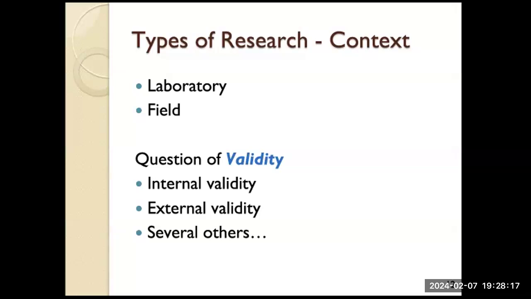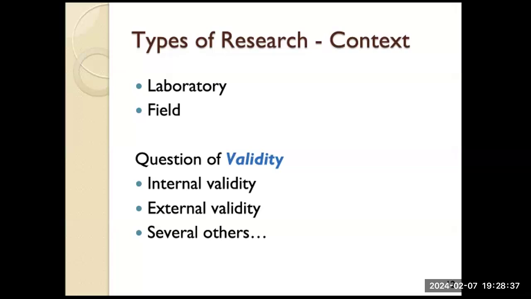Other things you should consider: context. Do you want to conduct your study in a laboratory, or would you want to do it in the field? If you want to observe people in their natural environment, you would do it in the field, at the school or something, kids in a school, kids in a park, that's considered a field study.